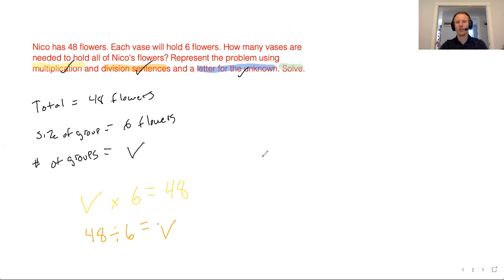That's my strategy for today. 6, 12, 18, 24, 30, 36, 42, 48. I got up to 48 by counting 8 6s. So my answer equals 8. So V equals 8. He needs 8 vases.